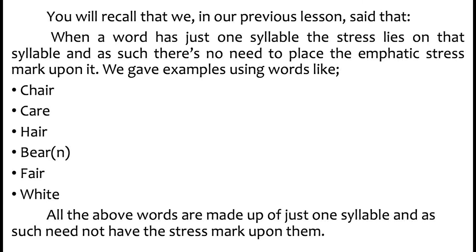Now, you recall that in our previous lesson, we said that when a word has just one syllable, the stress lies on that syllable, and that there is no need to show a stress mark on it. And we gave examples using words like chair, care, hair, bear.